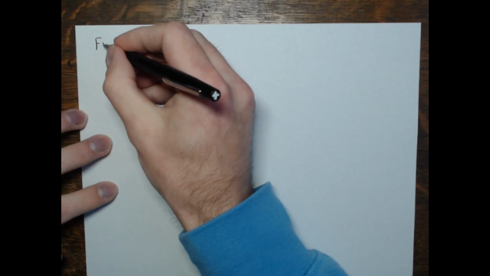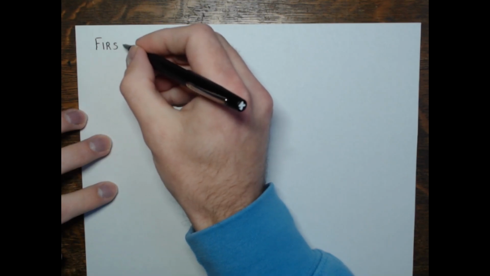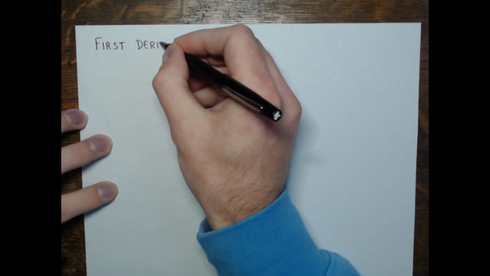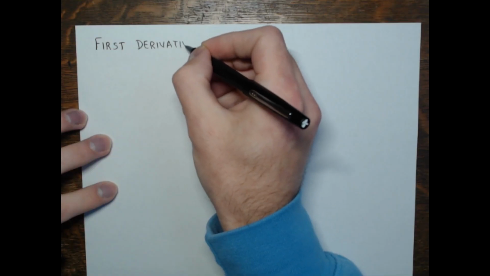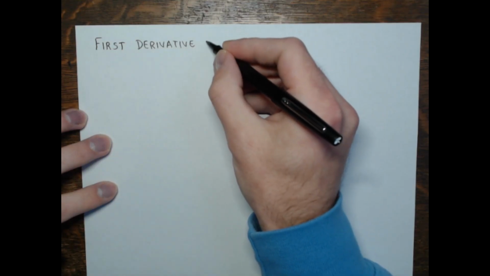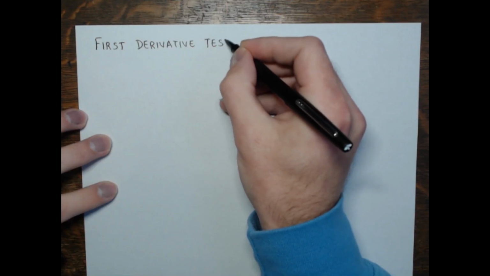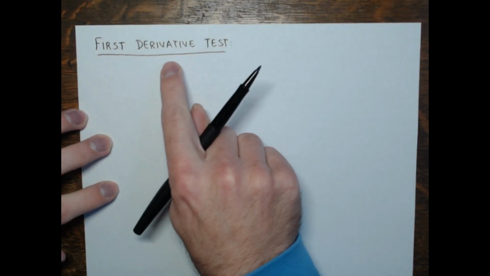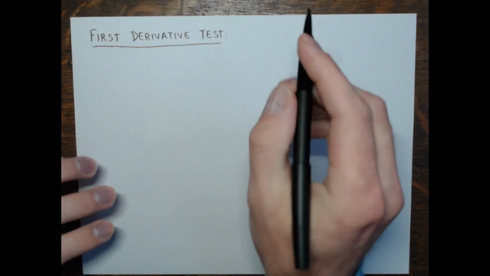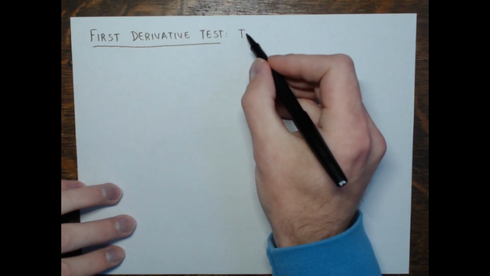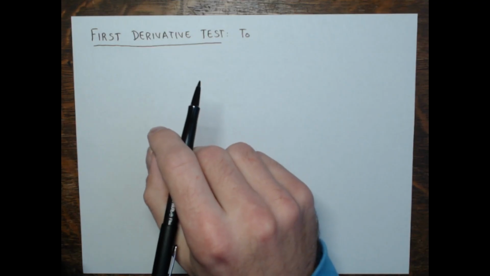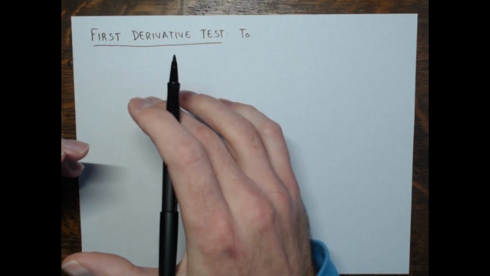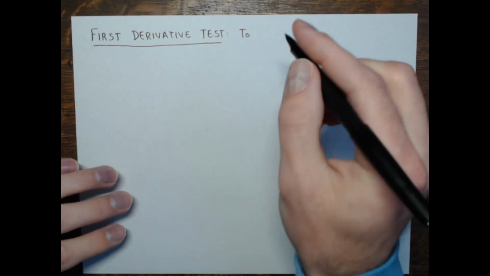So the first derivative test is a way to determine where the local maximum values and local minimum values, or local extrema, of the function are, right?